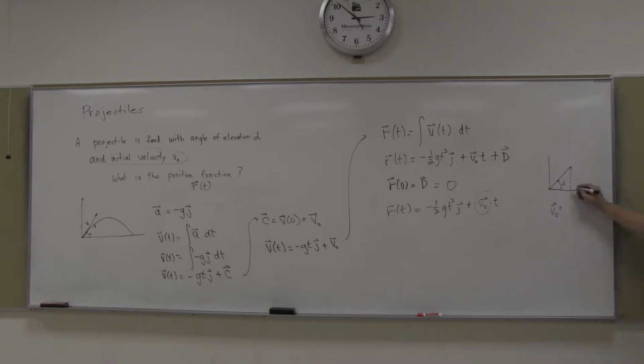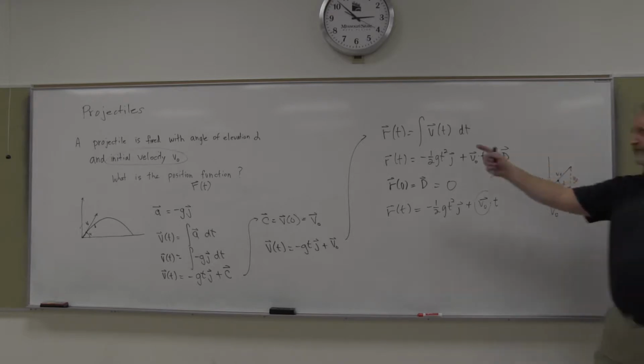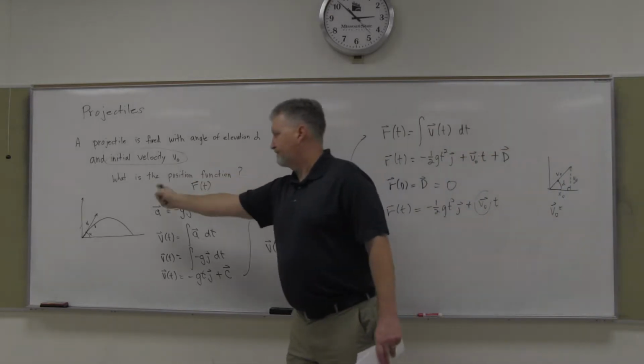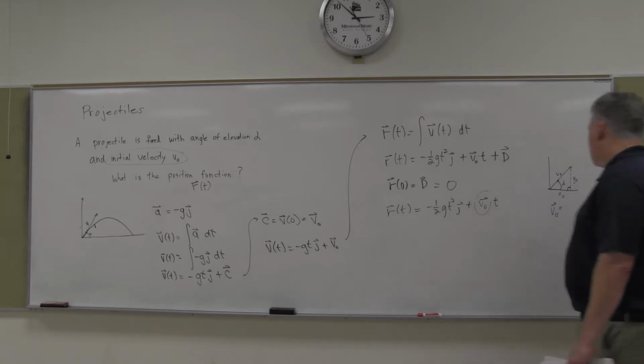Do kind of a little right triangle on it here. The i component of the vector here, let's call it x0. And then the y component of the vector we'll call y0. And we know this is v0, just the initial velocity that we're given. We know because that's, like I said, the magnitude of that, how long that vector is.